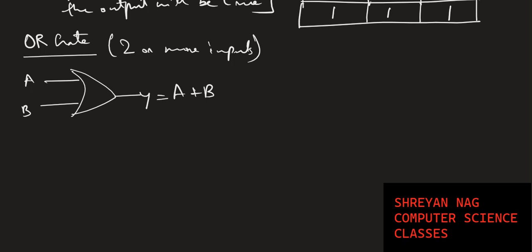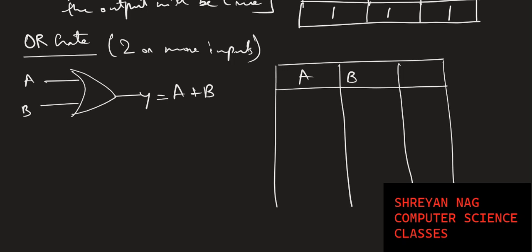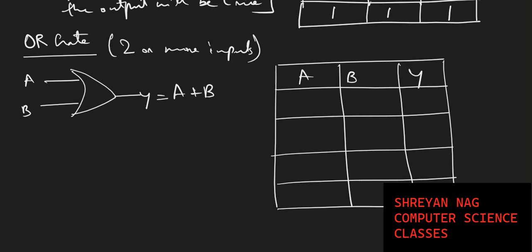If we add up the bits and show the truth table, A, B, Y, we write 0 1 0 1 and 0 0 1 1.